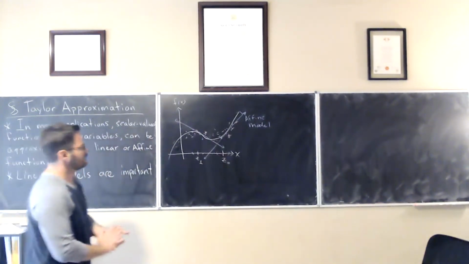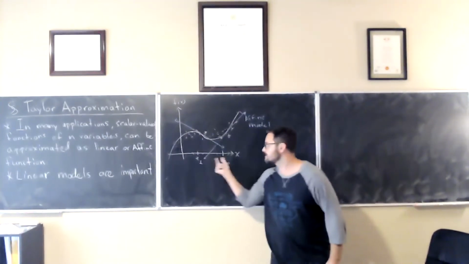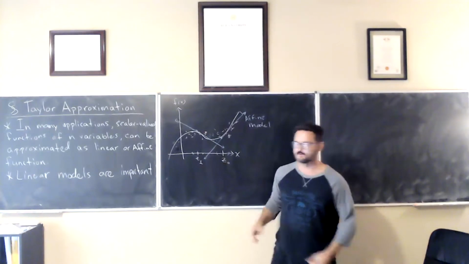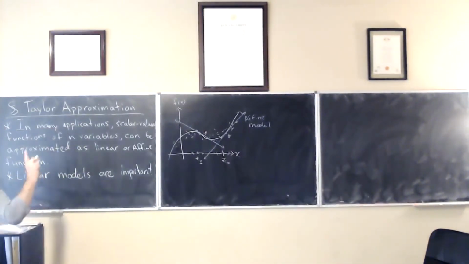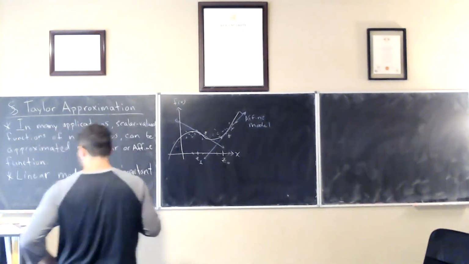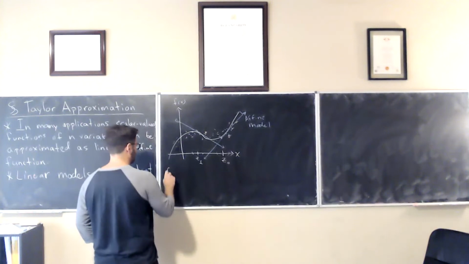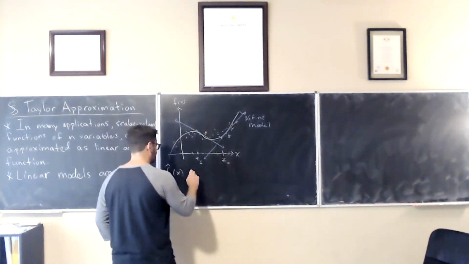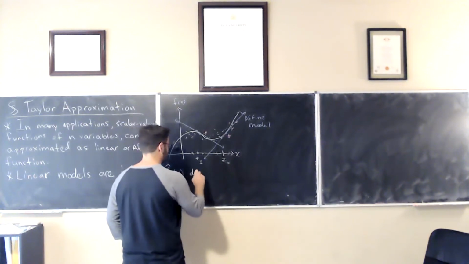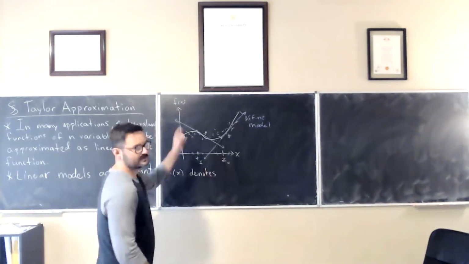So for these linear approximations around an input number, what do we really want? We want our approximation to satisfy a few things. We're going to say f hat of x denotes our affine approximation to f.